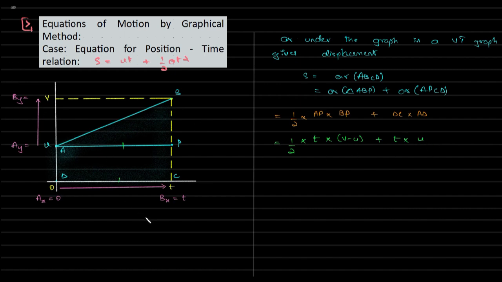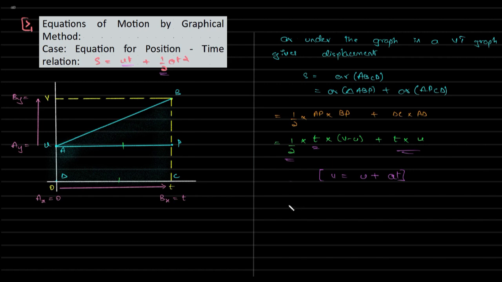Now we want ut. Okay, ut we have, half we have, we don't have a, t square; in that we have at. So we know that V is equal to U plus AT. Let's substitute that.